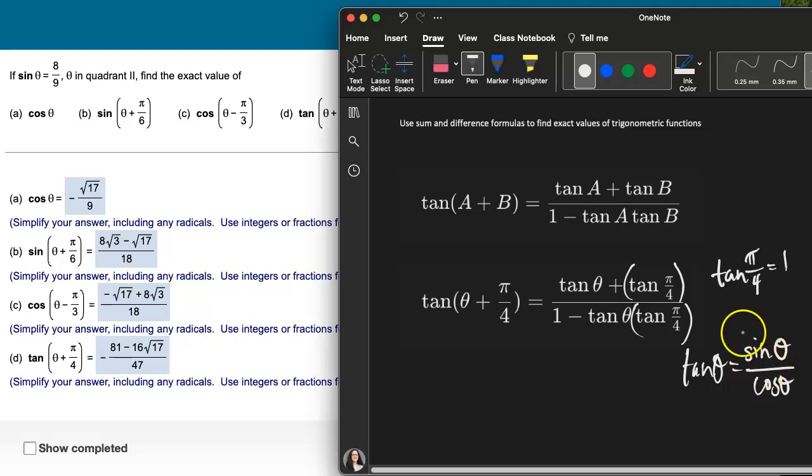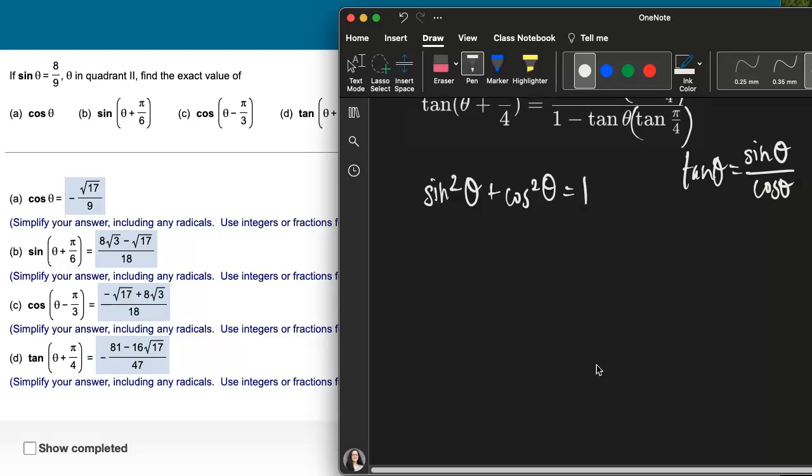So again, we have sine of theta, but let's find cosine of theta, and that's where a trigonometric identity will also come into play. In particular, that's the Pythagorean identity, and that's this one: sine squared theta plus cosine squared theta equals 1. So let's use that, and what we know is that sine of theta is 8/9.